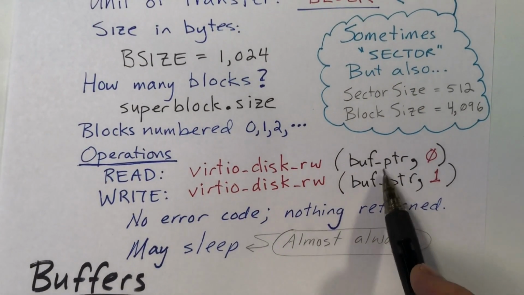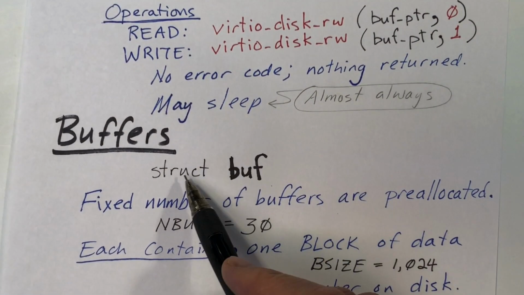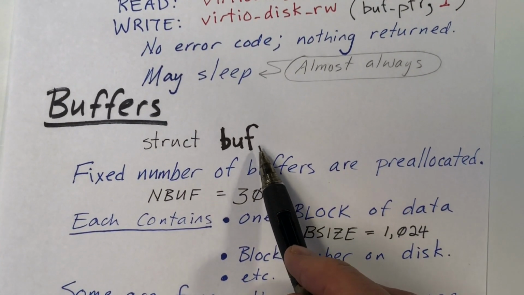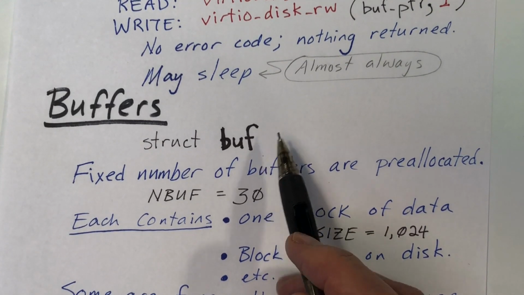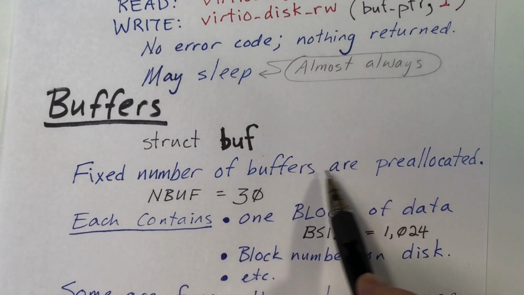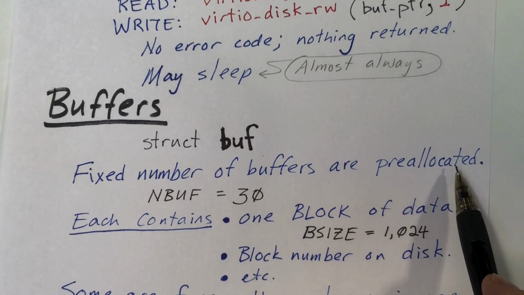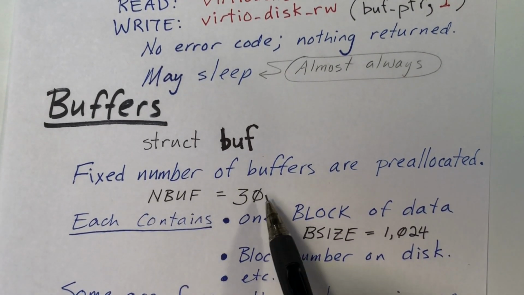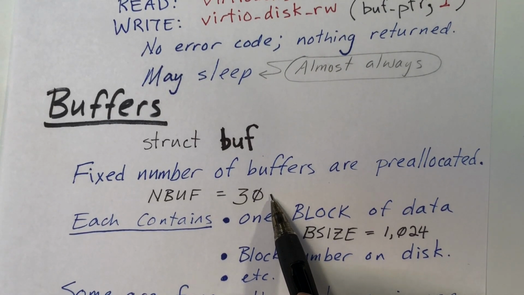Now, this buffer that's pointed to here is an instance of a structure called buf. And these structures are used as a cache for blocks on the disk. There are a fixed number of buffers that are pre-allocated at kernel startup time, and that's controlled by this constant NBUF. Turns out we have exactly 30 buffers that can contain data.